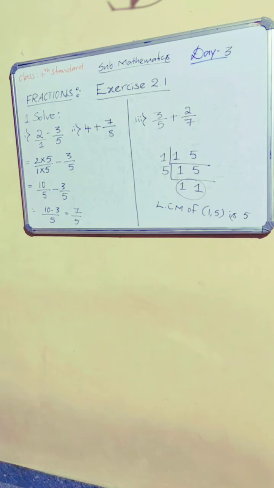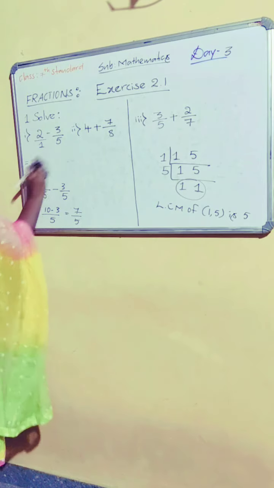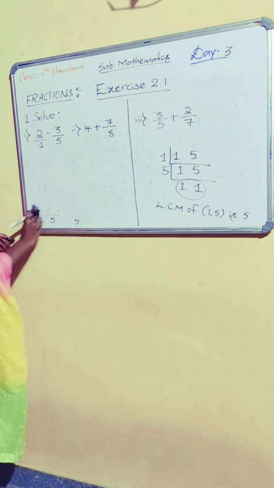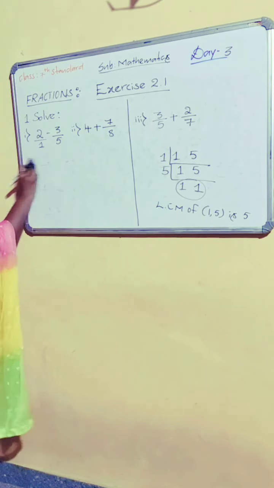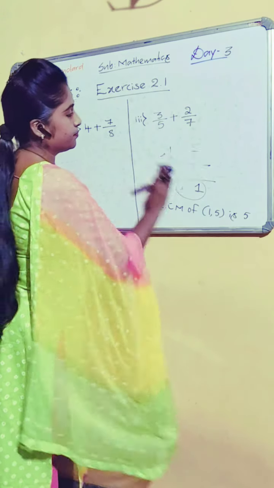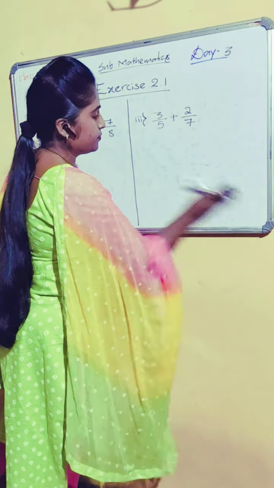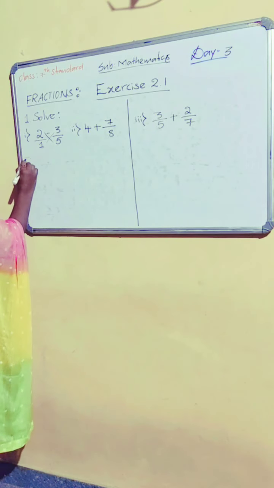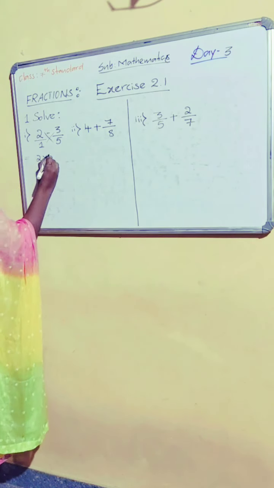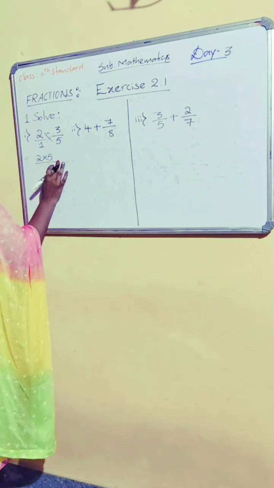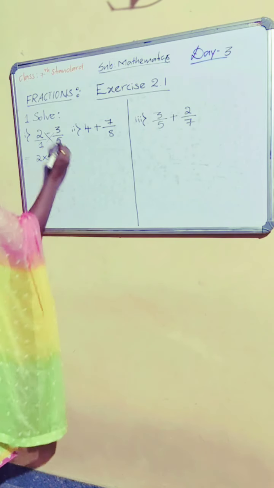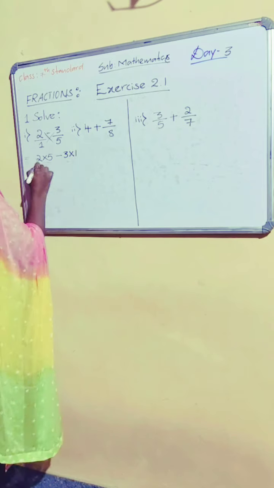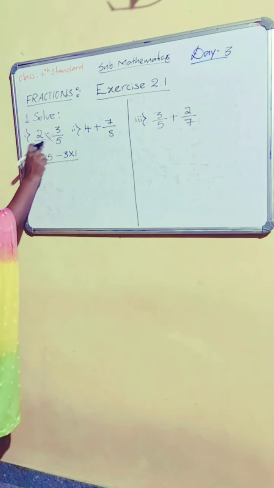This is one method, and one more method is cross multiplication. So we do the cross multiplication here, which is 2 into 5 minus 3 into 1 divided by 5 into 1.